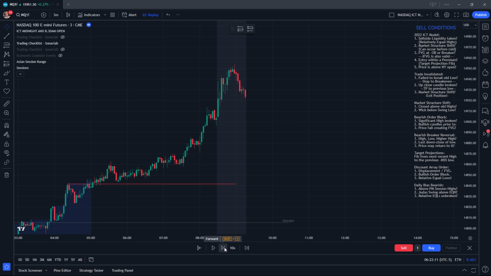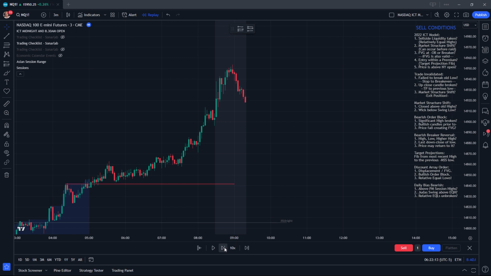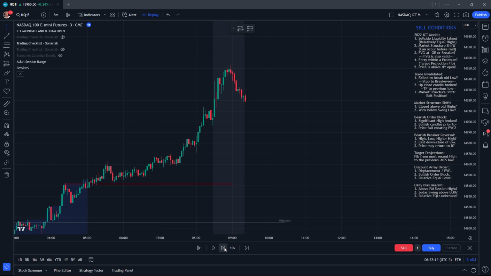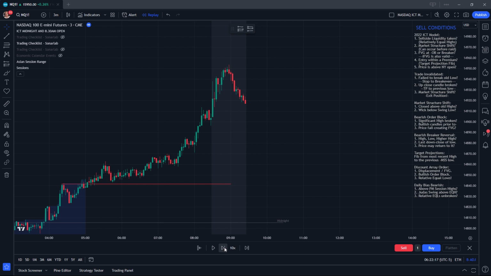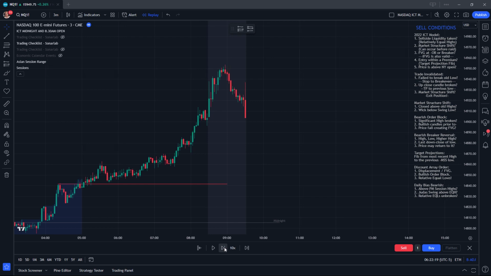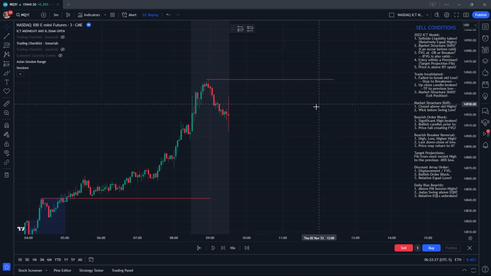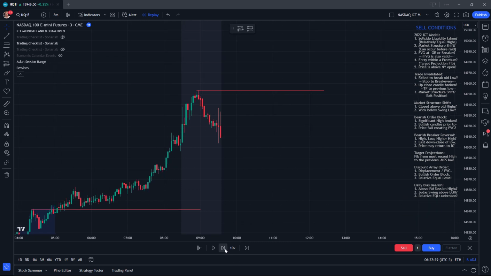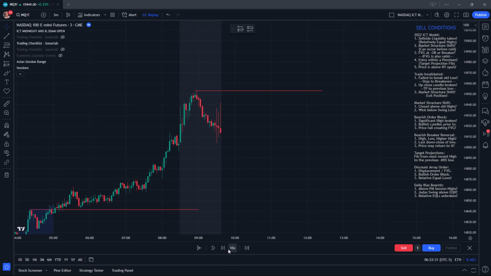So price has made a high. We're in the morning session here. We could say that perhaps this might be an area of liquidity. Let's just wait and see what price does.